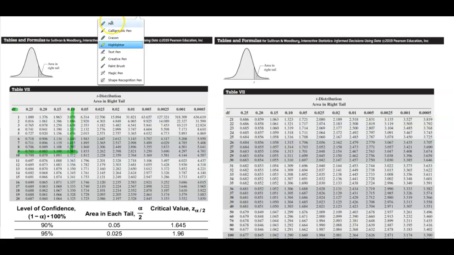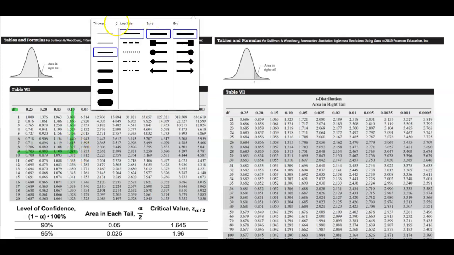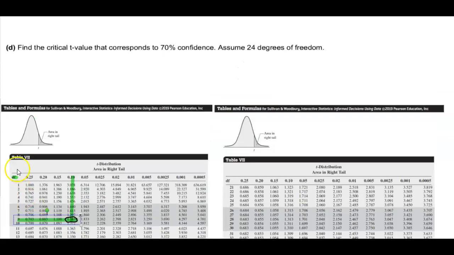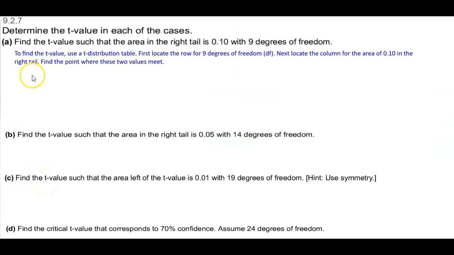Therefore, we see the value to be 1.383. So we can say that the t-value is 1.383.